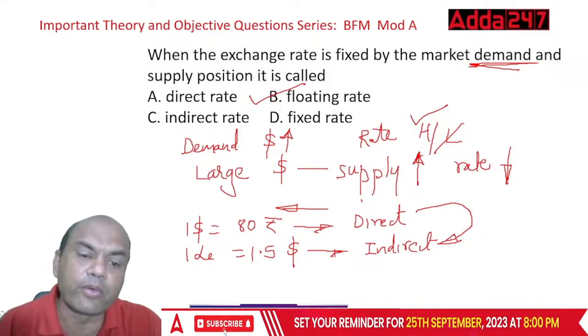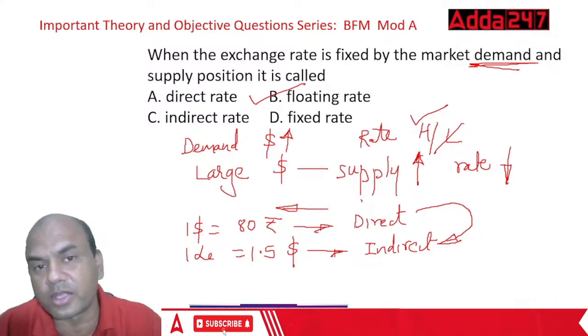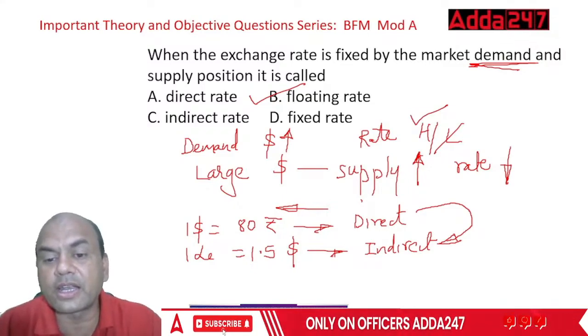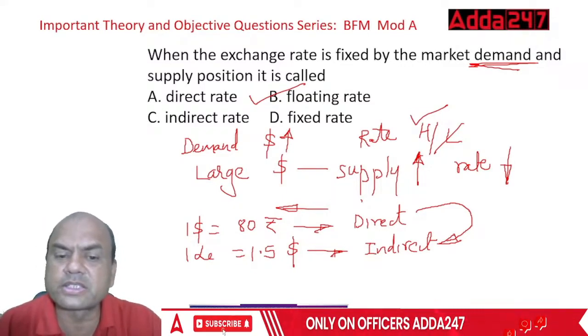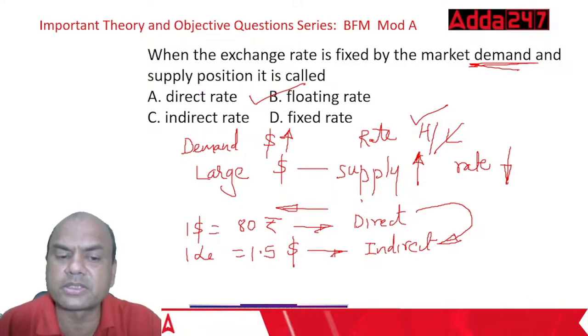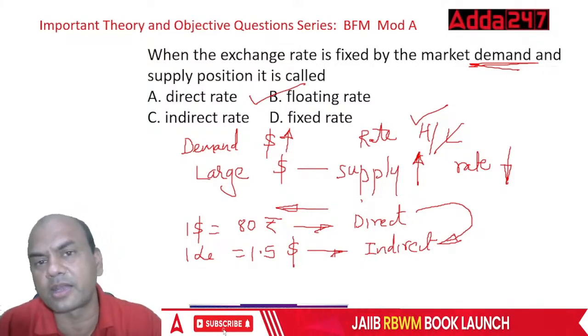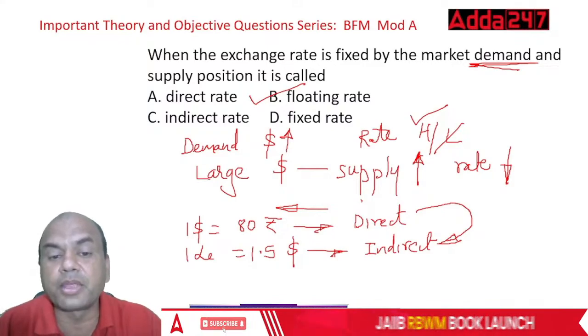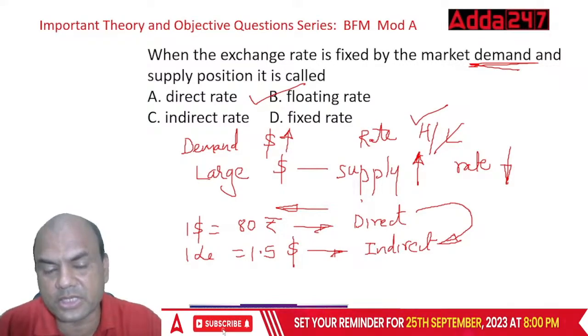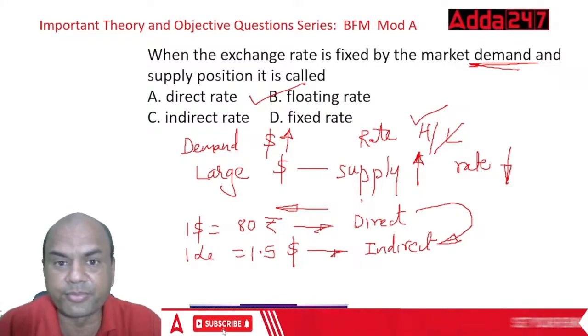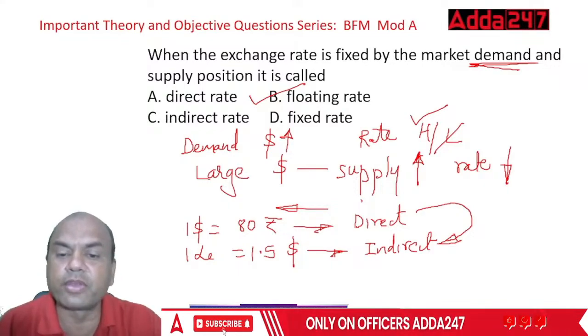If the pound is not growing, if the country is not growing, will this indirect rate remain? No. The US will say forget this, make the pound also a direct rate. And in coming years, if we grow at such a speed, there will be a time when our direct rate will be converted to an indirect rate.